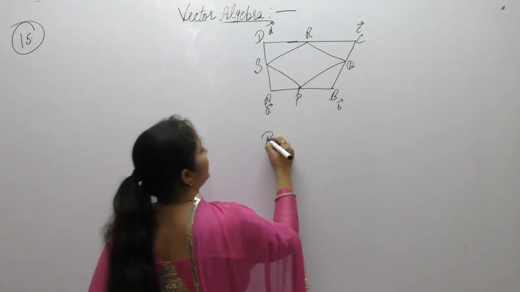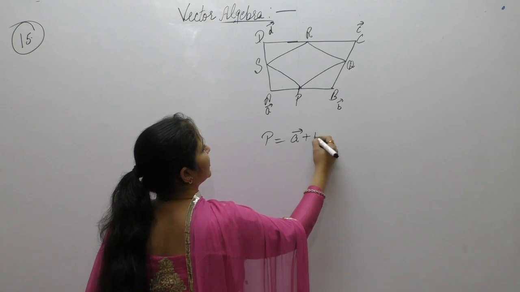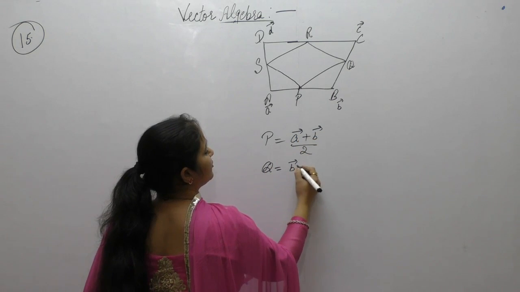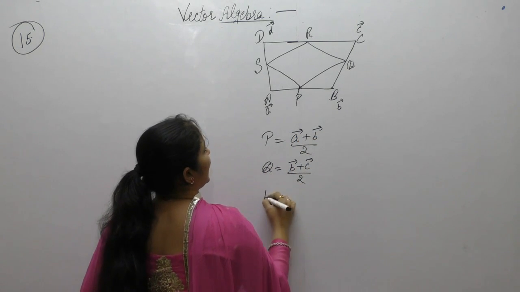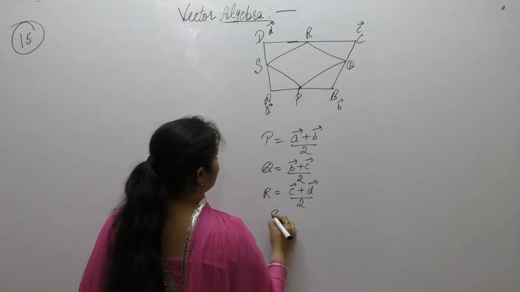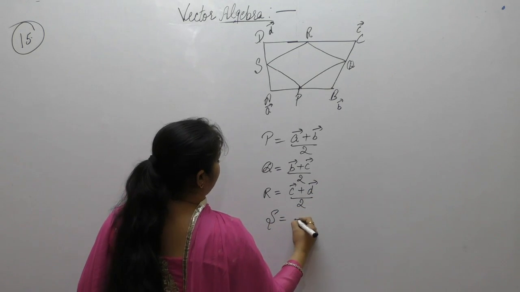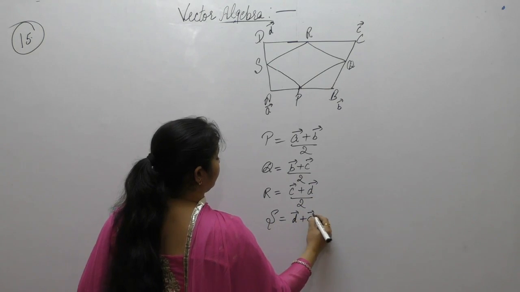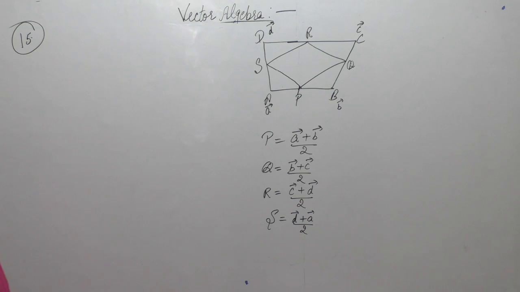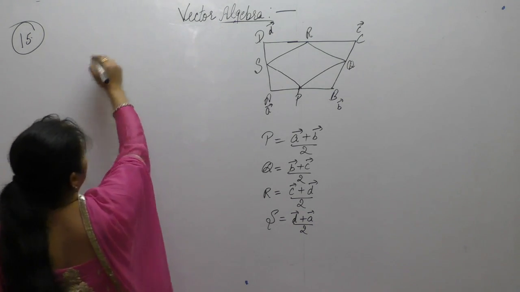Since P is the midpoint of AB, the position vector of P is this. Q is the midpoint of BC, R is the midpoint of CD and S is the midpoint of DA. So the position vectors of P, Q, R and S are these. Now we have to prove that PQRS is a parallelogram.